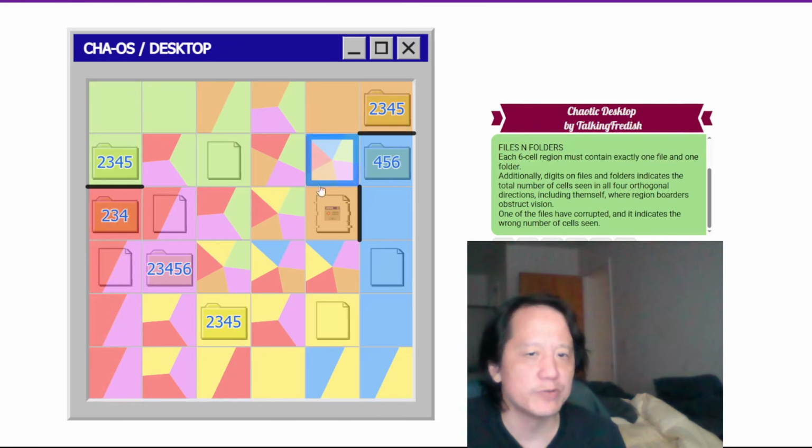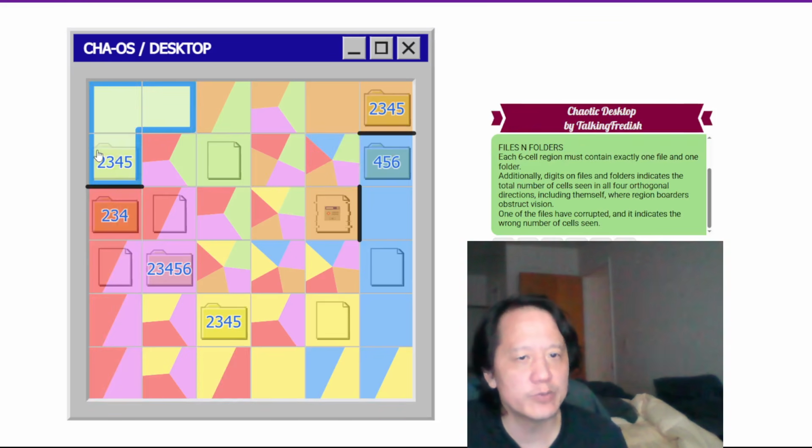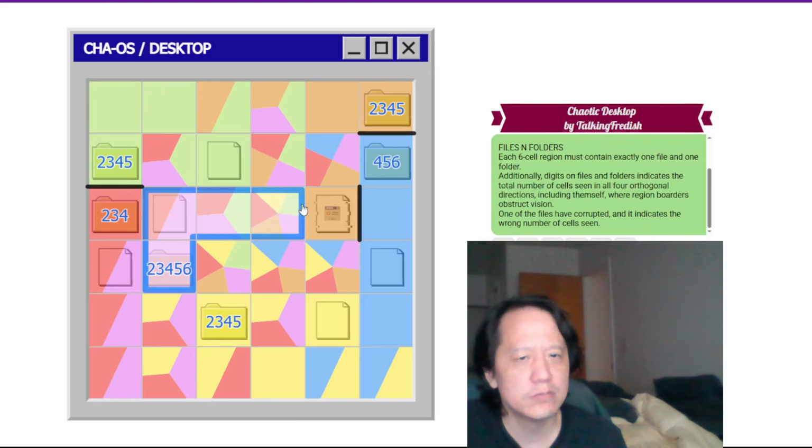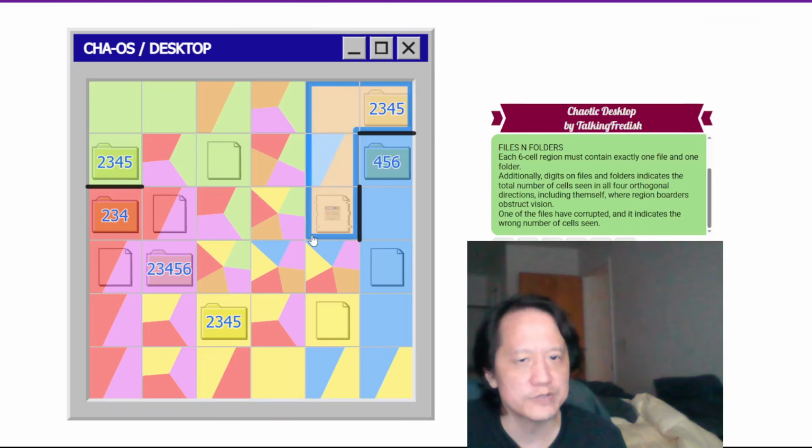This can't be green anymore. That would be too many cells in the green region. Pink cannot go here. Red cannot go here because that would block orange from connecting.